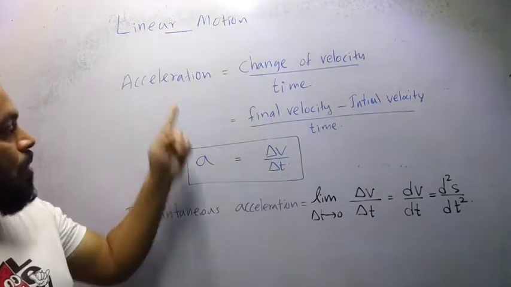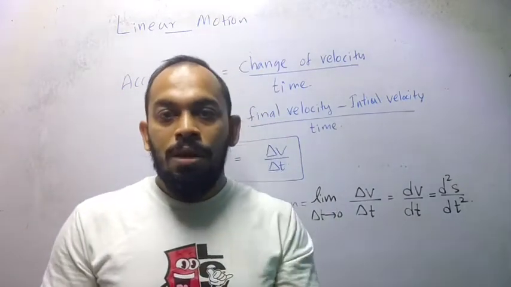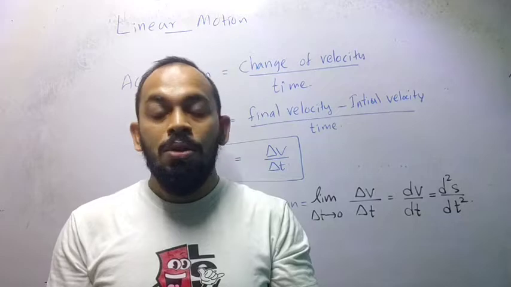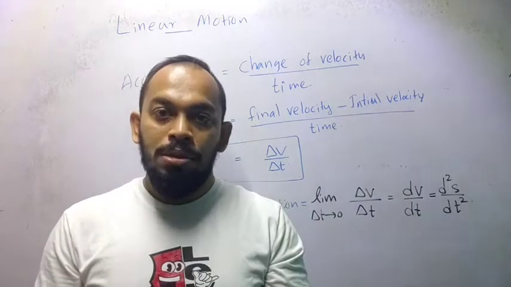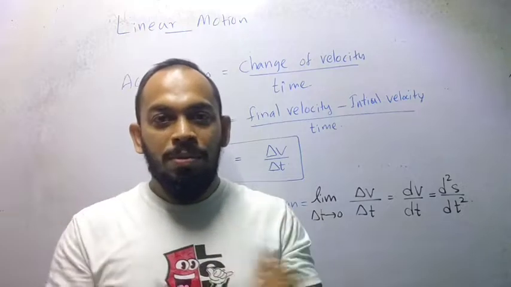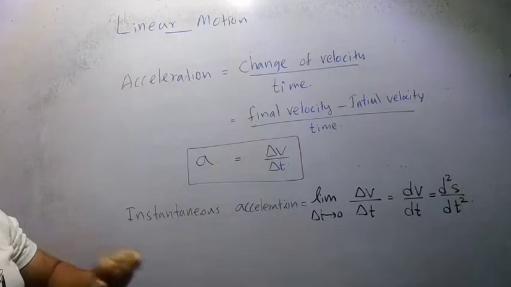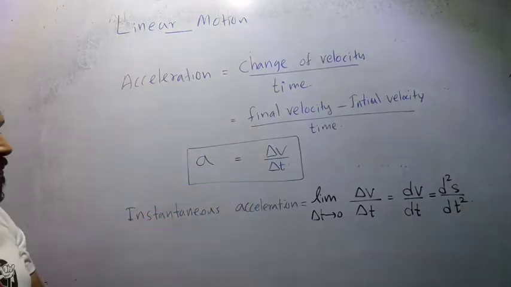Usually we use a for acceleration when we take physics. Sometimes in mathematics, we use f for acceleration, but we use a and f interchangeably. It's the same thing. a for acceleration equals delta v over delta t.